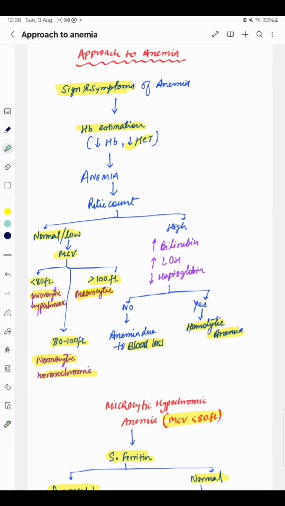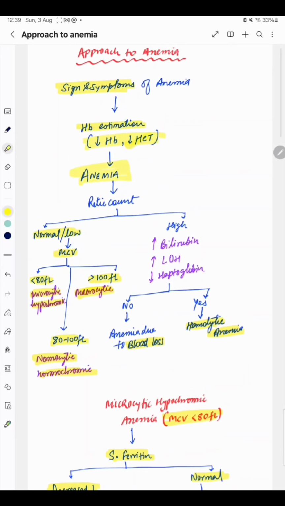So whenever a patient presents with these signs and symptoms classical of anemia, then we ask for certain investigations like hemoglobin estimation and hematocrit estimation. In case of anemia, hemoglobin and hematocrit are decreased below the normal limit, and we identify the anemia.